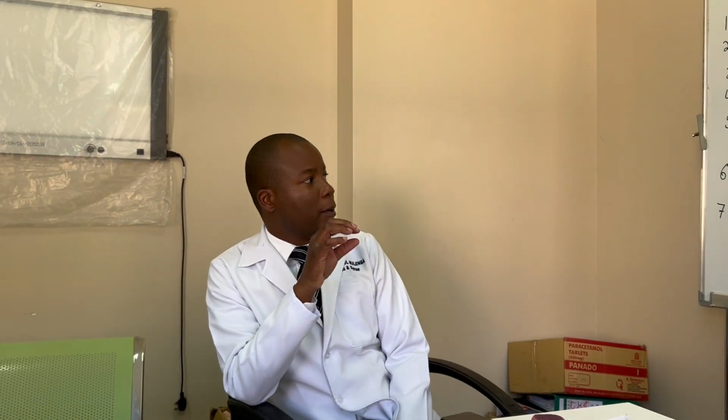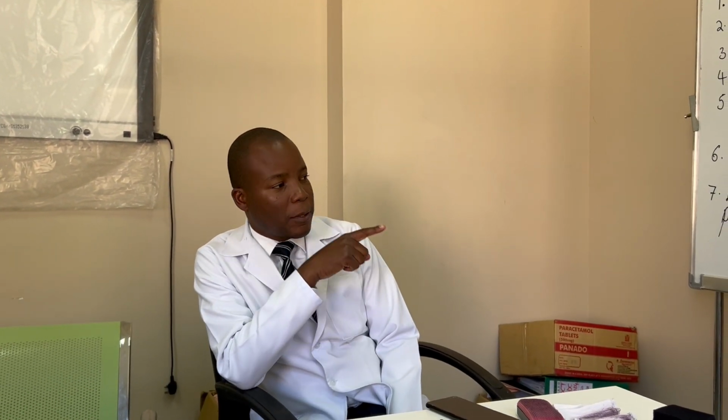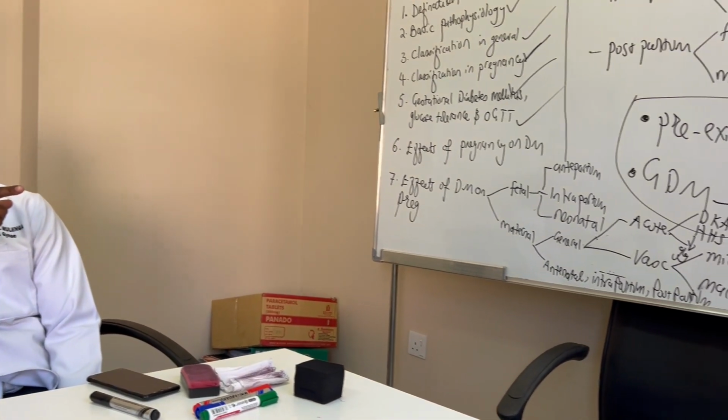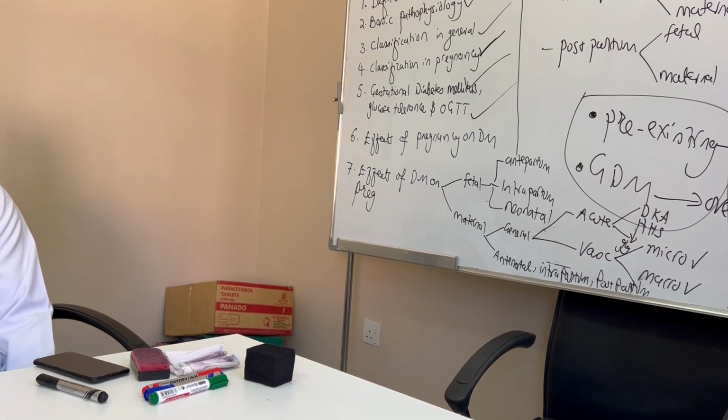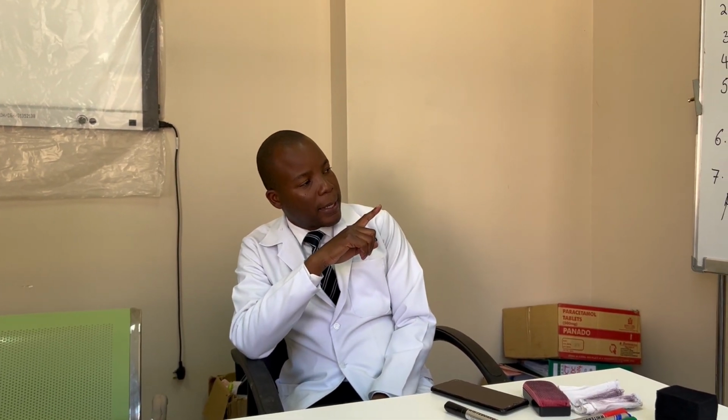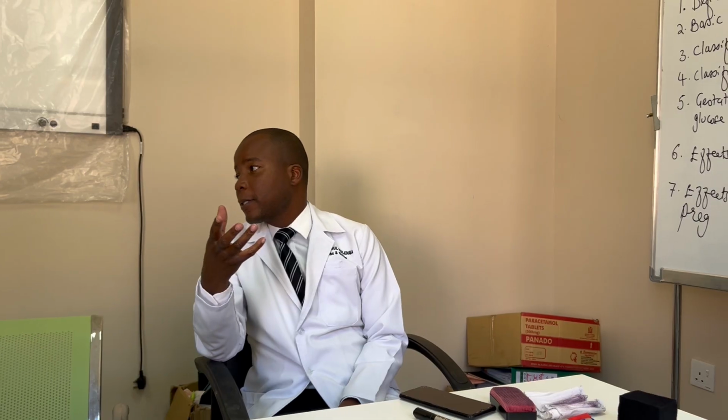Now what are we saying? We are saying that when one is pregnant, both the acute and the vascular complications become enhanced. Meaning if they were not present in this diabetic lady, they will even appear. Why? It's because when one is pregnant, they tend to have hyperemesis.